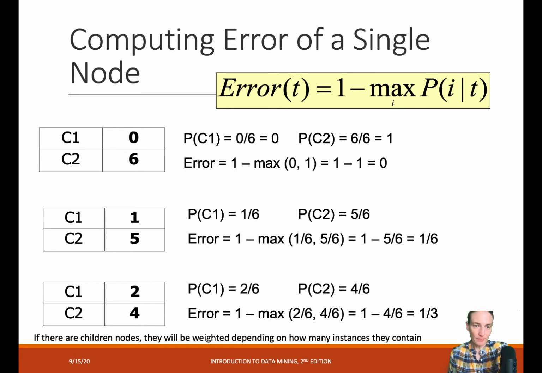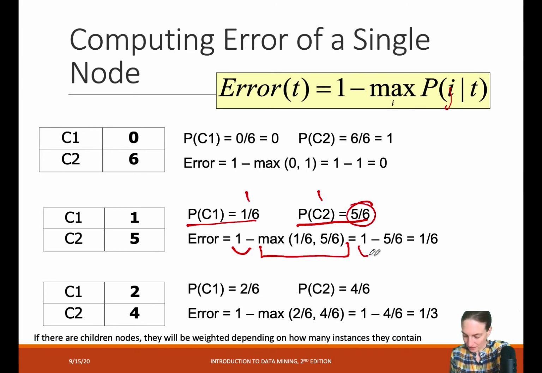Computing the error. Okay, again, I'm looking at the second example. We calculate our P, it's called i here, but it's really j. We count these two terms, and then we have 1 minus the maximum value of either this or that, which in this case is 5/6, and it brings us to 1/6. Okay.